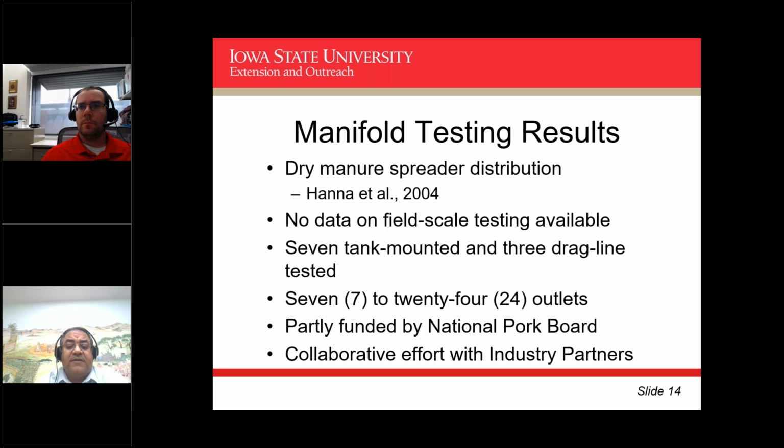It was partially funded by the National Pork Board, and it was a collaborative effort between several industry partners. As a part of this project, we tested out 7 tank-mounted manifolds, and we tested out 3 dragline manifolds. And the range of outlets on these manifolds were between 7 to 24.